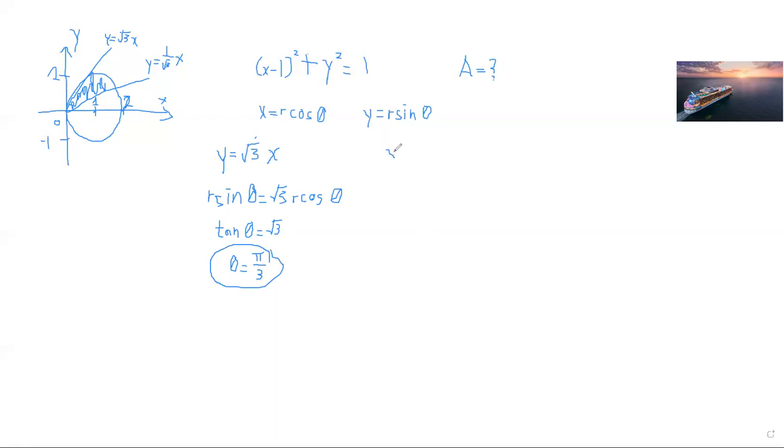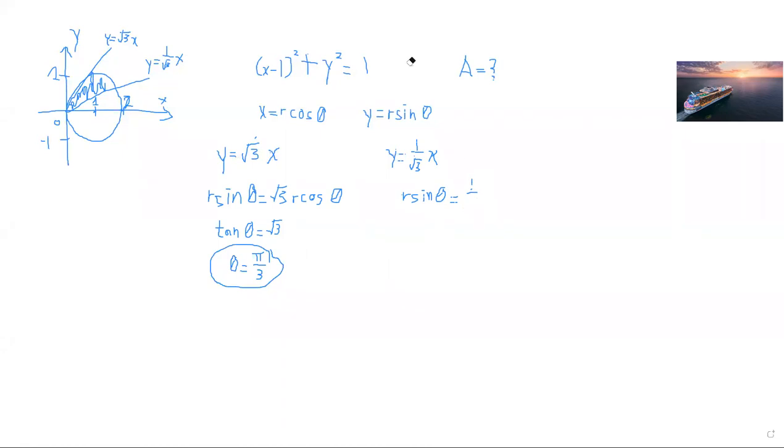Okay, so how about y equals 1 over root 3 x? You do the same thing. r sine theta equals 1 over root 3 r cos theta.